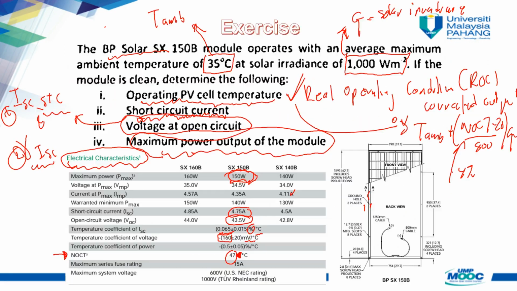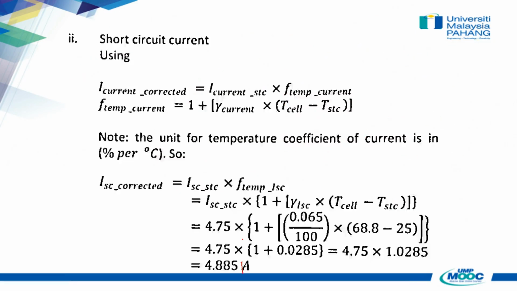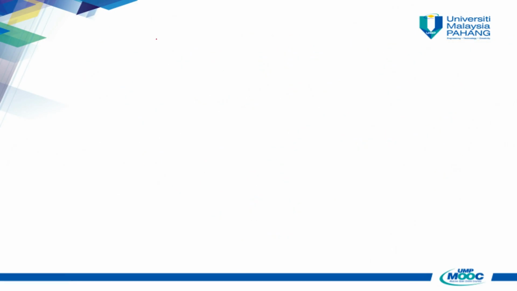Okay, last. Maximum power. 150, and the temperature coefficient of power is minus 0.5%. ROC of PMP. So what is the equation?